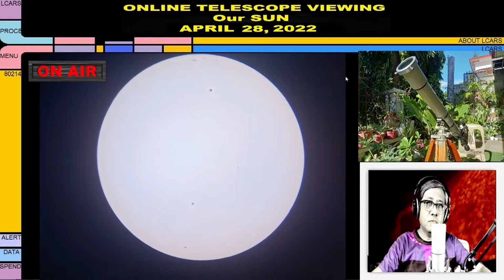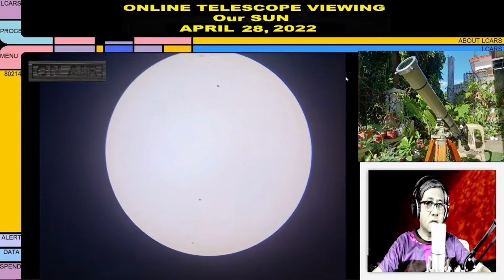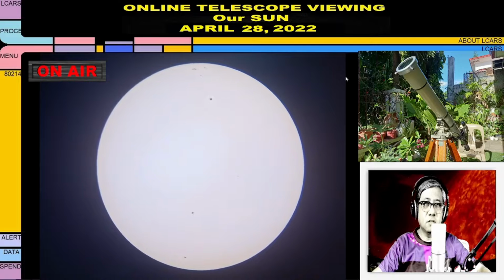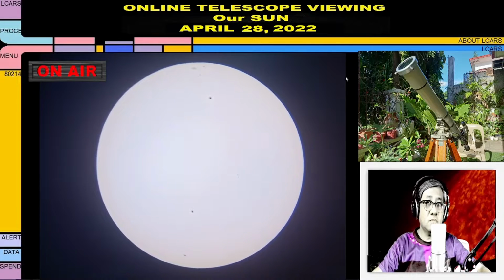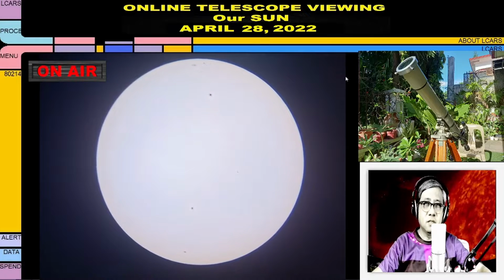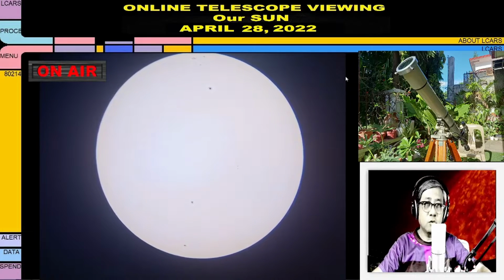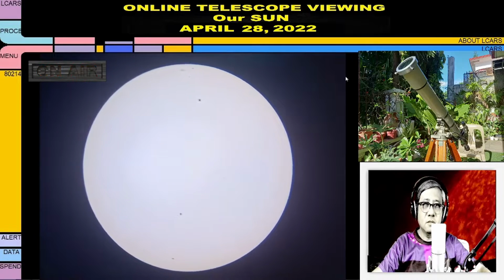Again, sunspots are areas on the sun's surface that are relatively cooler and appear darker than their surroundings. Itong mga sunspots na to, mas malaki pa sa mundo natin. These sunspots are roughly the size of the Earth or about 20 to 40 times larger than the Earth.